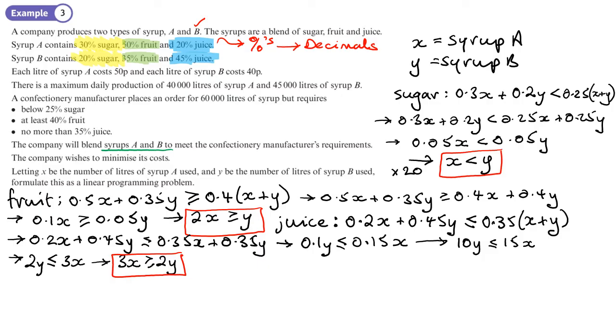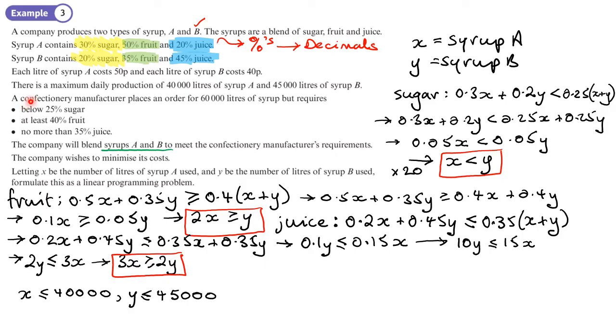So we've done all the ingredients. Okay, we've got some other constraints as well here. There's a maximum daily amount of 40,000 litres of syrup A. So syrup A cannot be any more than 40,000 litres, and syrup B cannot be any more than 45,000 litres.